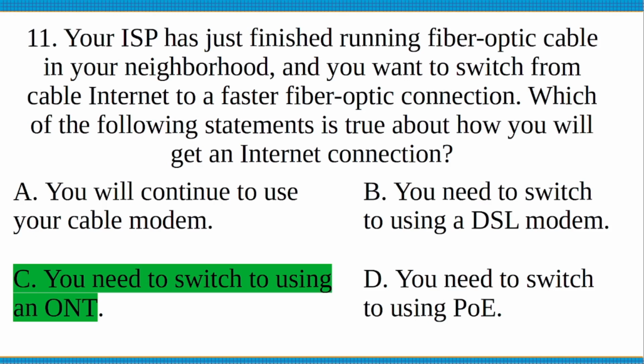Power over Ethernet, PoE, is not relevant in this situation. So remember, a cable modem and DSL modem connect copper to copper, and the ONT, which is for fiber optic internet connections, translates the connection into a digital connection over copper cable.